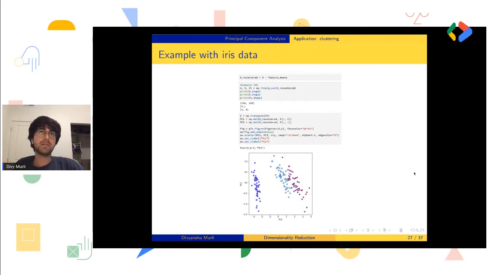Then I projected the recentered matrix onto the top two singular values, corresponding to the directions of highest variance.